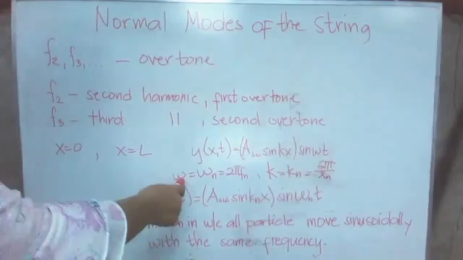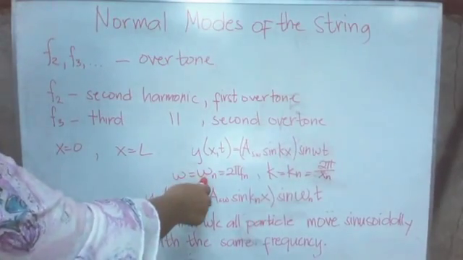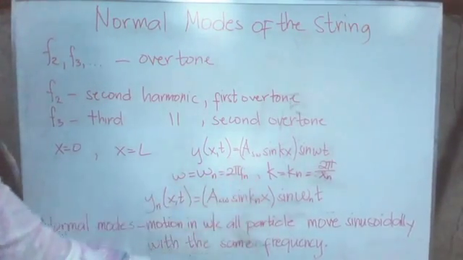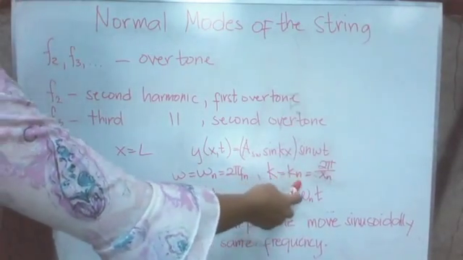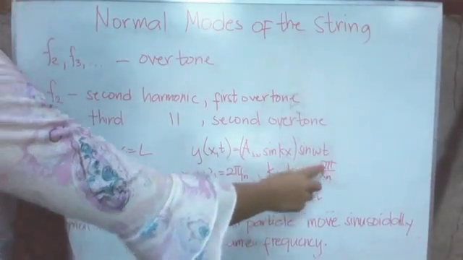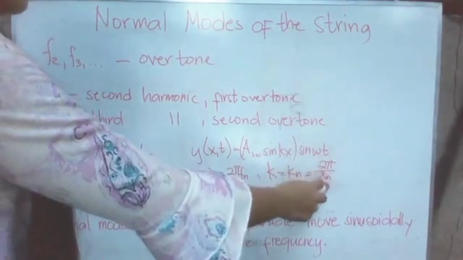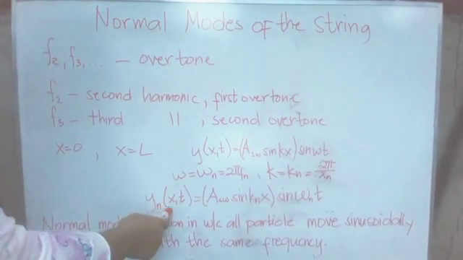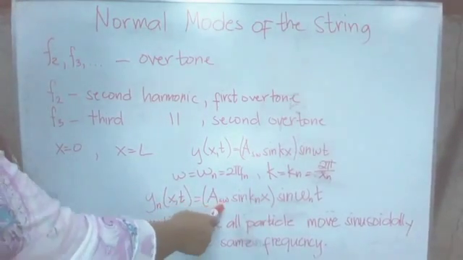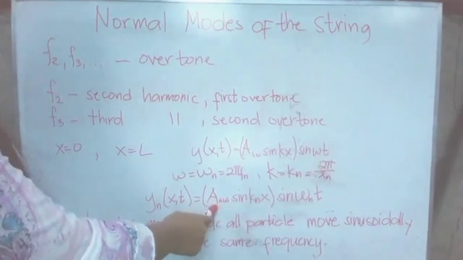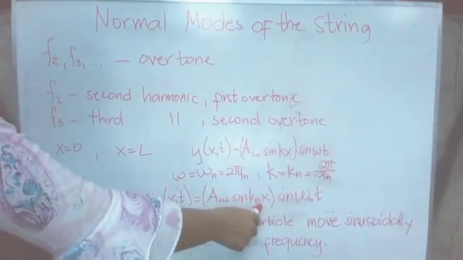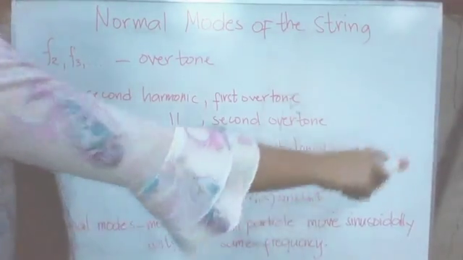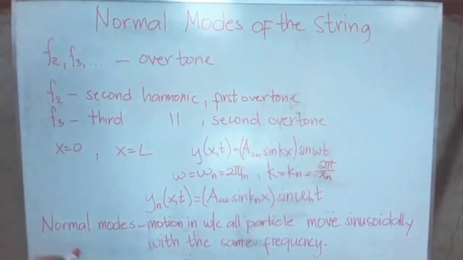Our angular frequency omega sub n is equal to 2 pi f sub n, and k sub n is 2 pi over lambda sub n. We can rewrite the equation as y sub n of x and t equals the standing wave amplitude times sine k sub n x multiplied by sine omega sub n t. Now, we have what we call the normal mode.